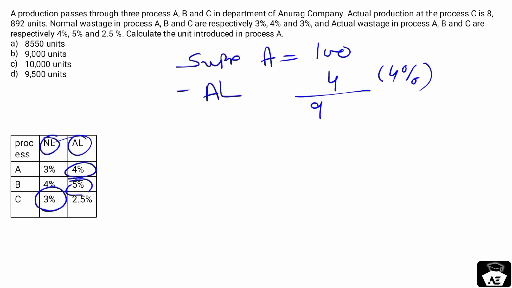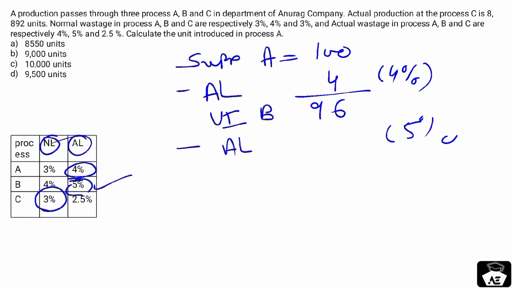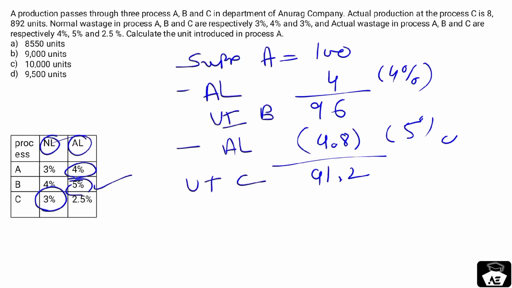So you will get 96 as the units introduced in process B. Again, actual loss is higher, so we'll consider this actual loss of 5%. 5% of what? 5% of 96, which will be 4.8. Deduct it and you will get 91.20 as the units introduced for process C.